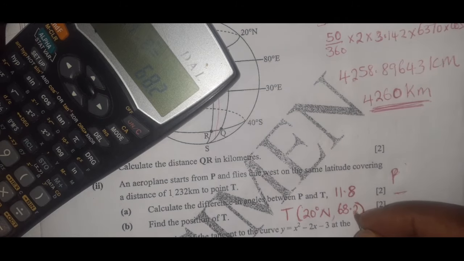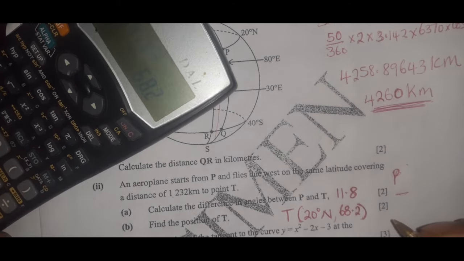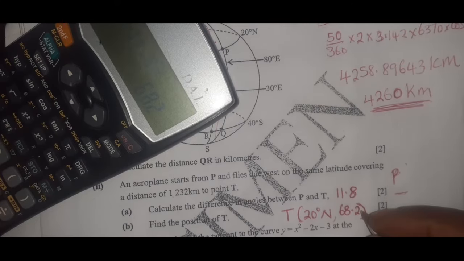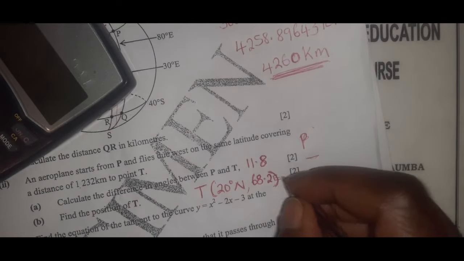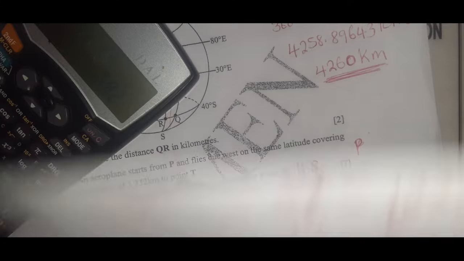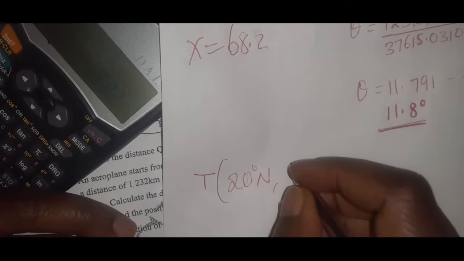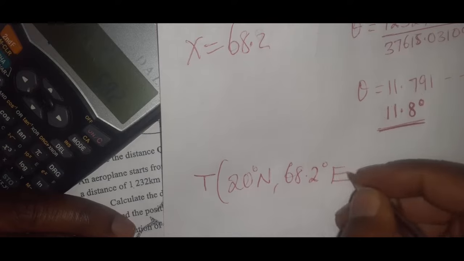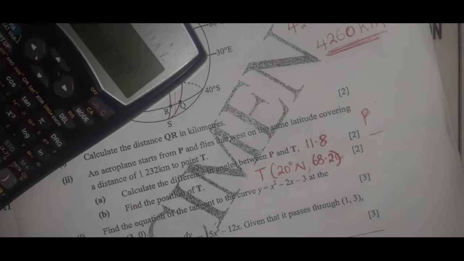And take note, east, you put east here. T is 20 degrees north, 68.2 degrees east. This is what you are supposed to write.